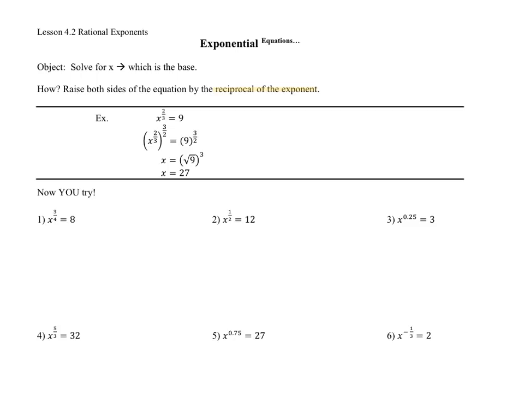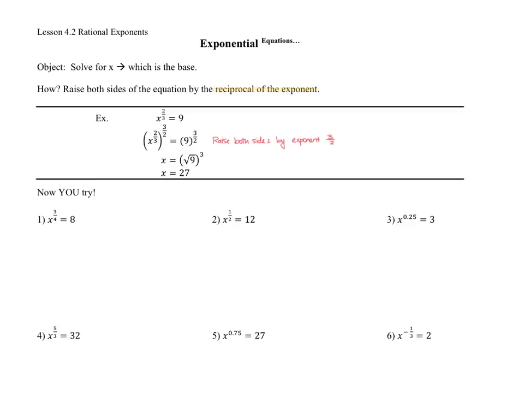So here we have x to the exponent of 2/3 equals 9. So I want you to give me the answer for x that when we raise it to the exponent of 2/3, or we take the cube root and then raise it to the exponent of 2, should give us the final answer of 9. So what is that initial number? To figure out that initial number, we are going to raise both sides by the exponent of the reciprocal of 2/3, which is 3/2.